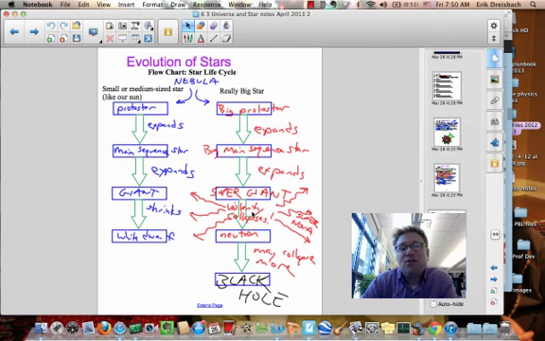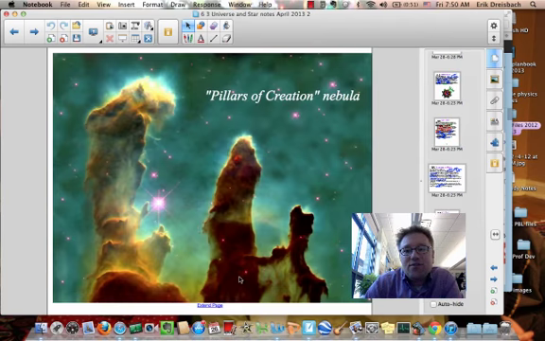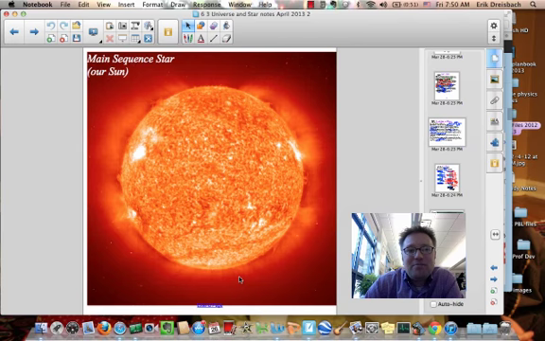It's like the biggest explosion you can have in the universe. After the supernova is over, what's left is a super small neutron star. That neutron star might collapse even more to become the most dense thing in the universe, and that's a black hole.